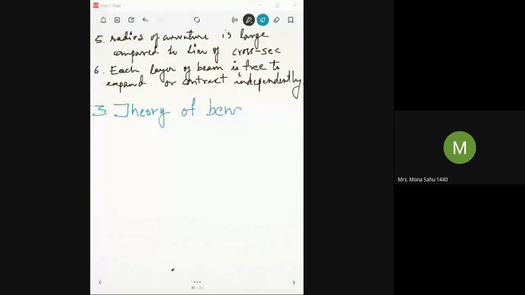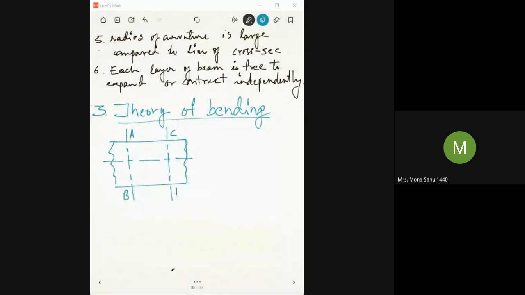Please draw the diagram. So I've drawn a beam here. Okay, it's bending.